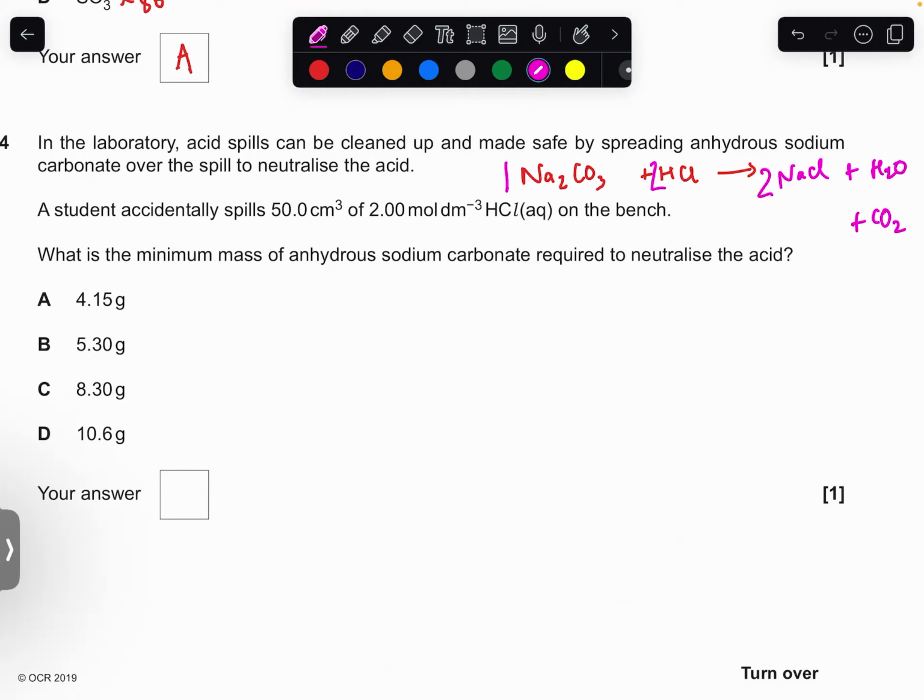Is that balanced? I believe it is now. So, what is the minimum mass of anhydrous sodium carbonate required to neutralize the acid?